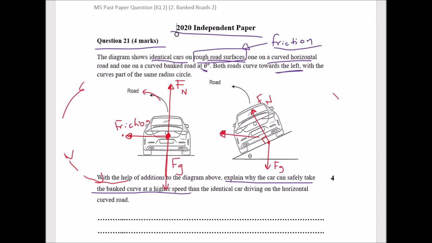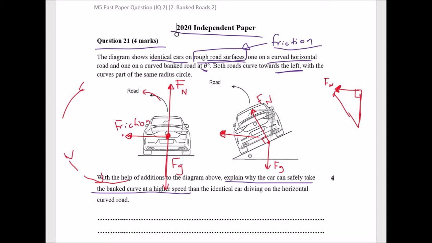So if I just draw Fn out like this, and then we'll draw another angle here. It's a right angle triangle, so just so you can picture with me, it kind of looks like that.